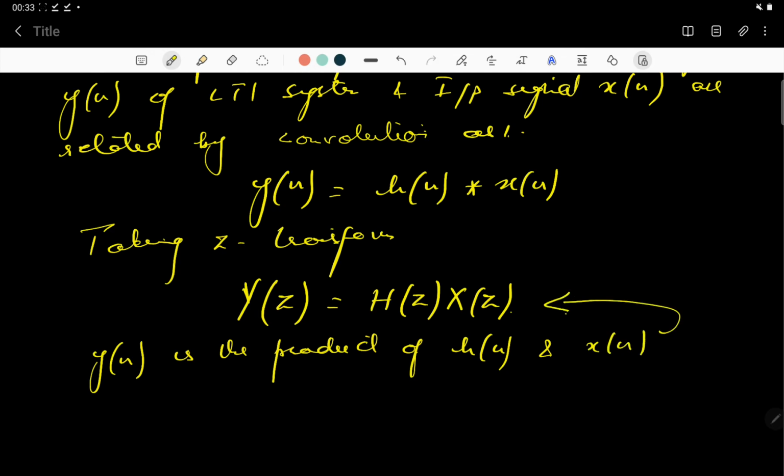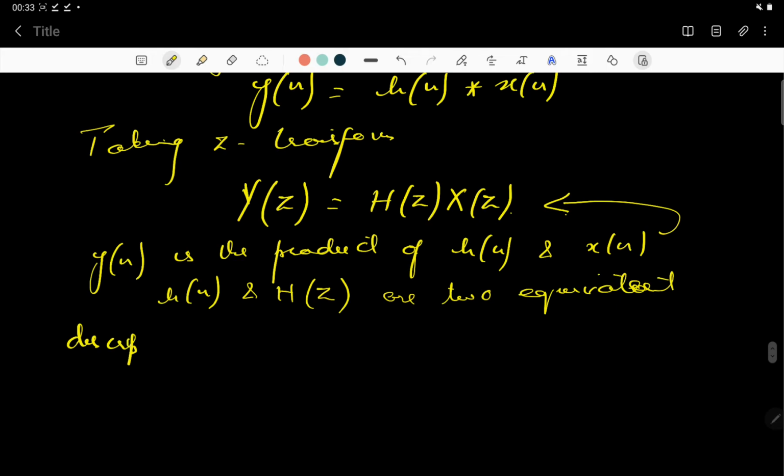So h[n] and H(z) are two equivalent descriptions of the system in the time domain and Z domain respectively.